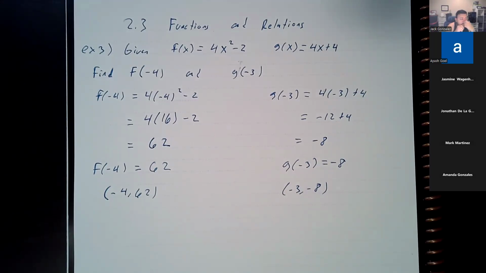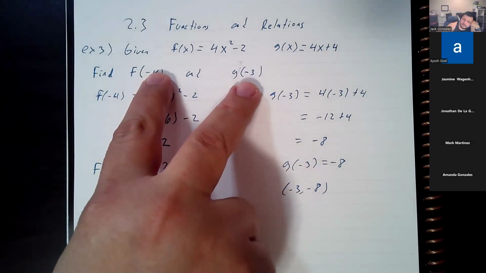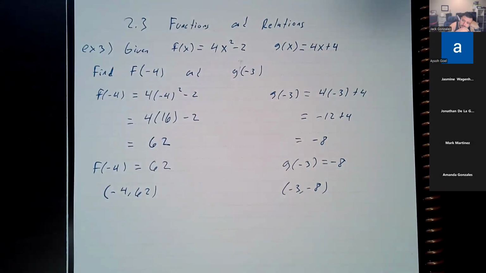Are there any questions on example 3? So if you see this notation, you know what they're asking, right? 4 and 5 are the same thing, it's just different types of functions.